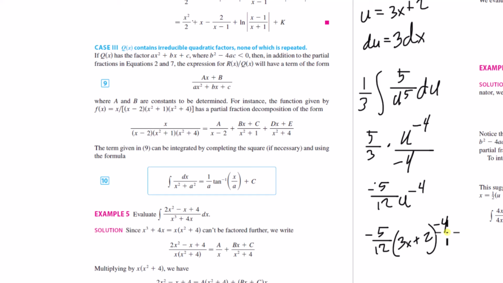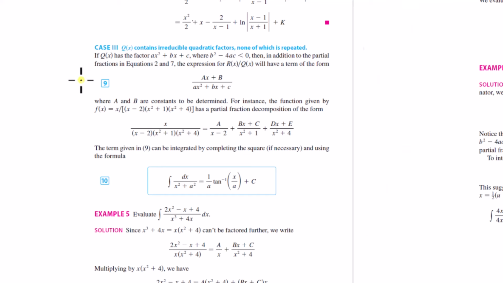Like that. All right, so now we want to look at if we've got a quadratic factor to the first power. So the first thing they talk about, if we look here, in order to evaluate this, we're going to complete the square for the quadratic factor, so we can write it in the form x squared plus a squared.